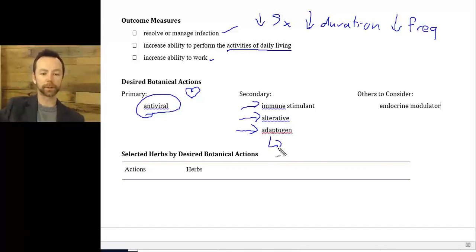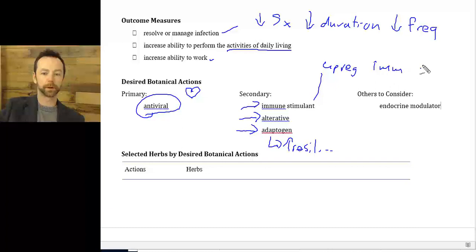Adaptogens obviously are going to be used to improve resilience. And immune stimulant, this one's pretty self-evident, so we want to upregulate the immune function. Now, alterative, you might be saying, well, why have we got an alterative in there?